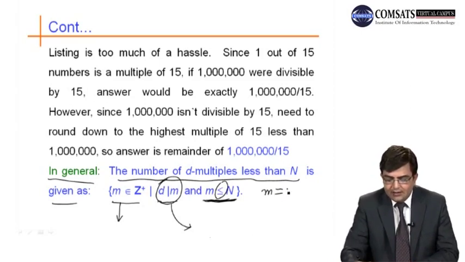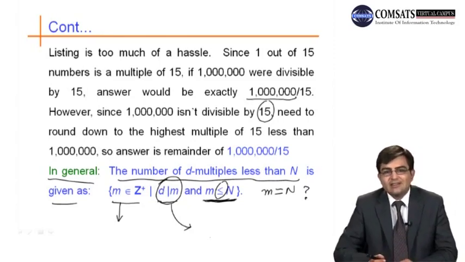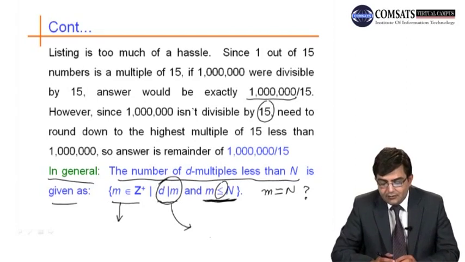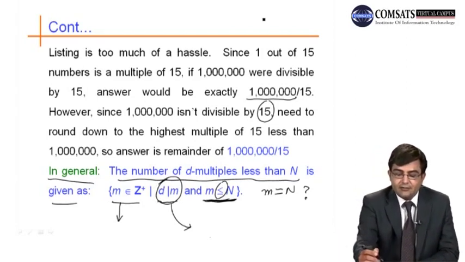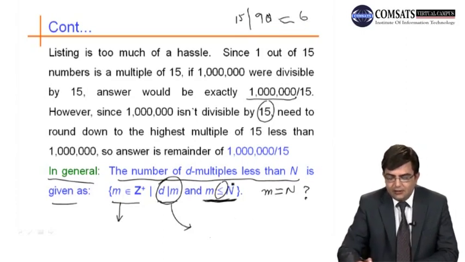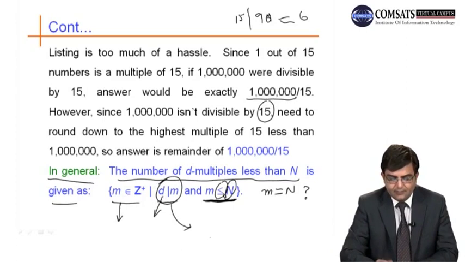When m is equal to n, this number is not exactly divisible by 15 here, but if it were some number, for example 90 which 15 divides completely, then the answer is 6. So if this number is completely divisible by d, then we can take m equal to n.